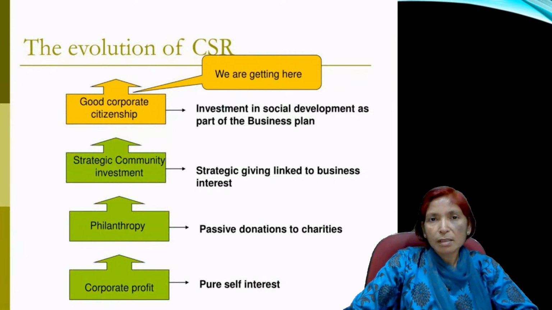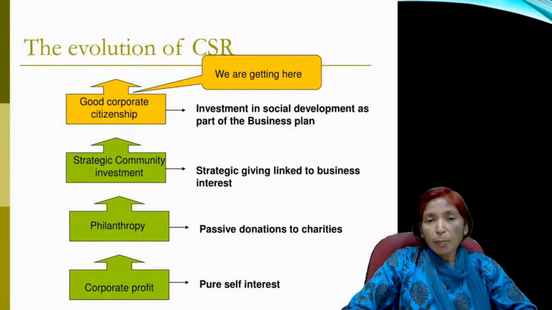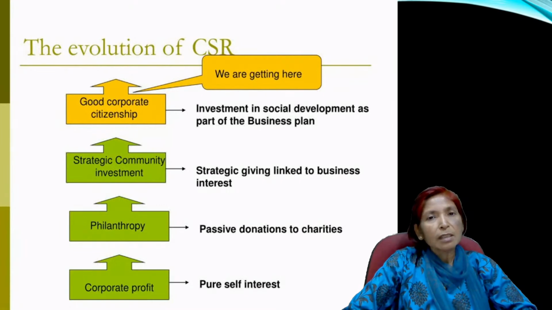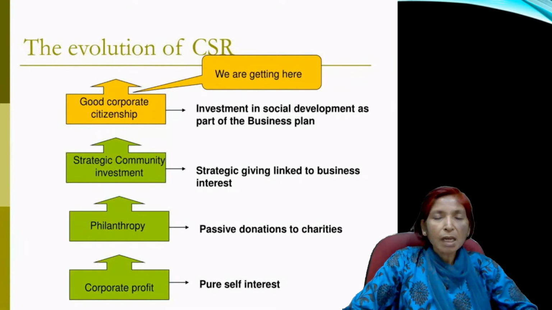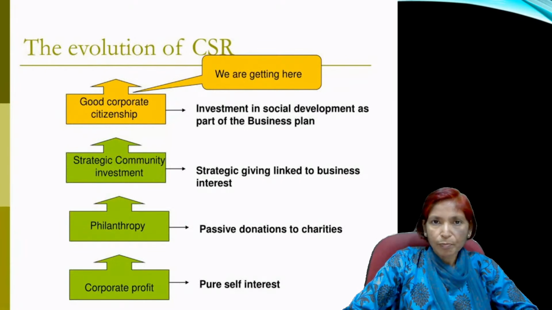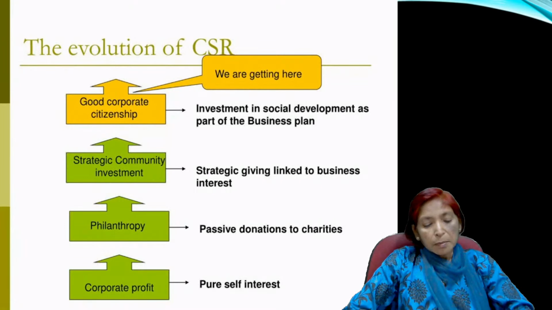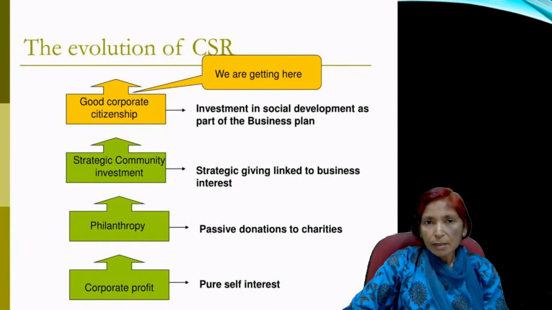And corporate profit is the corporate sector's profit, and it's pure self-interest. You know that profit is the main motive of all business enterprises. But besides this profit, they must do something for the whole society.